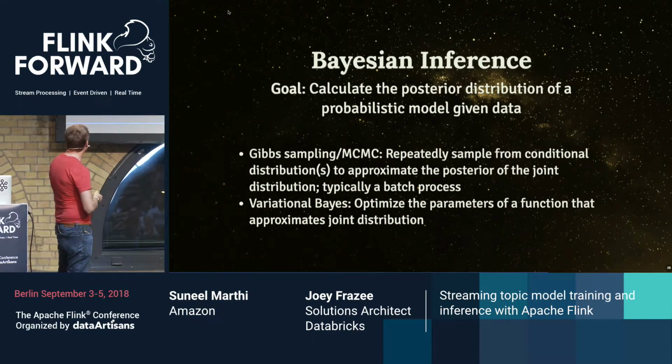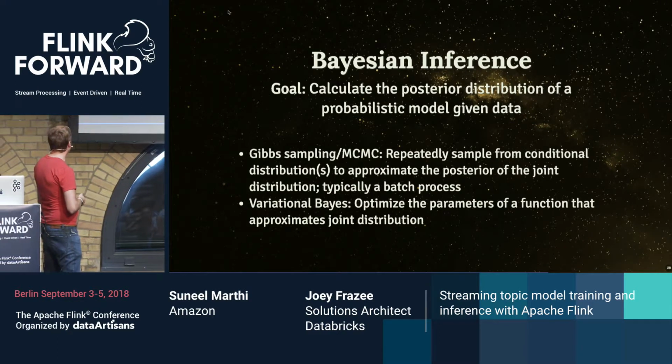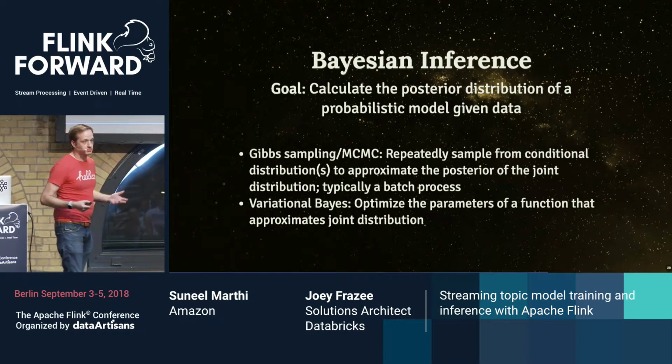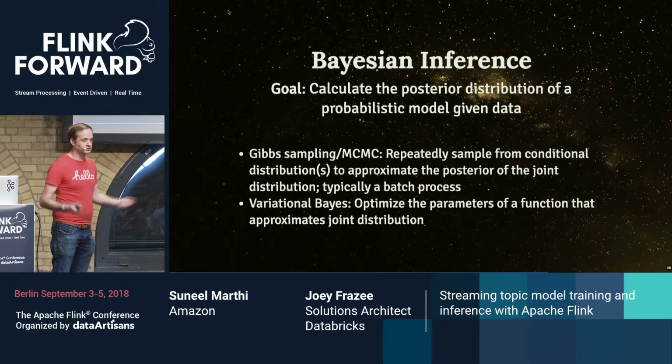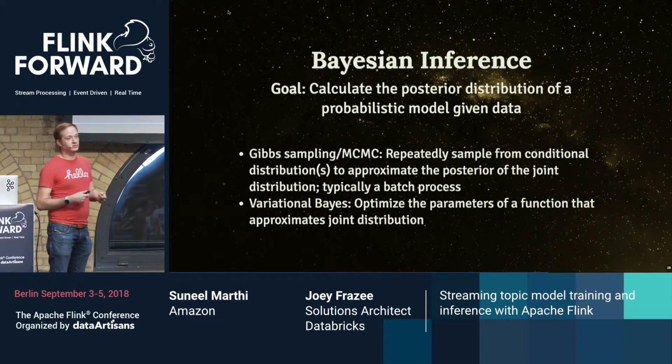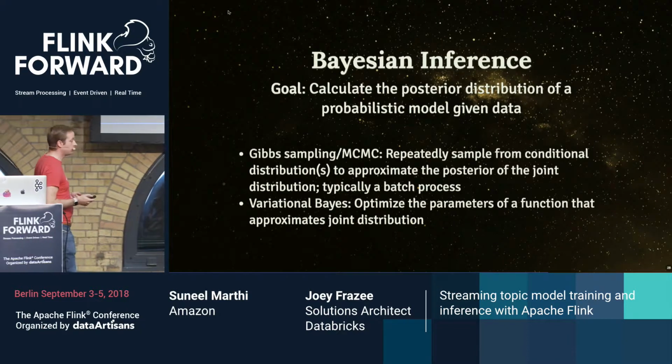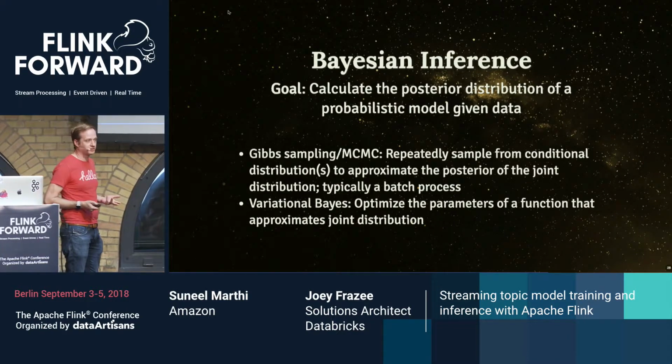When topic models got their start, when LDA was first formulated, it was done using Monte Carlo methods. What that essentially means is you repeatedly sample from conditional distributions until you hit some stationary point. It's essentially a batch process.